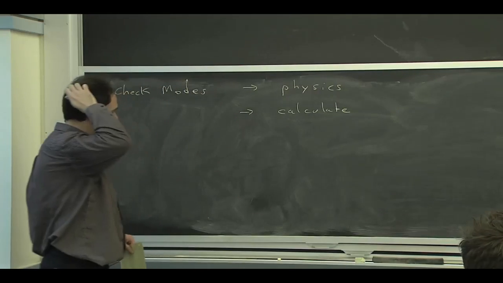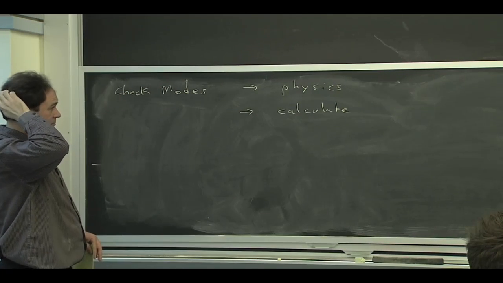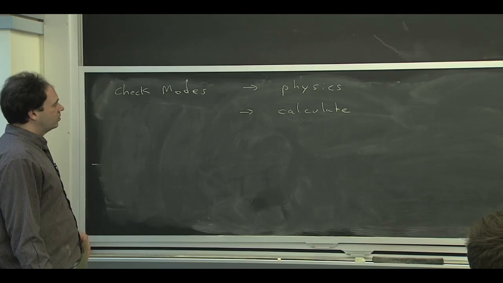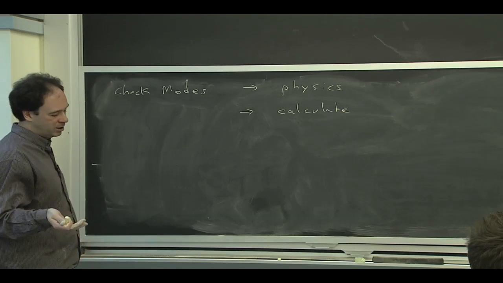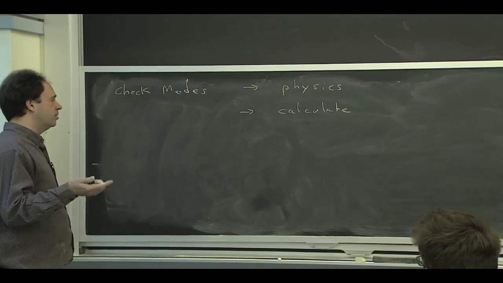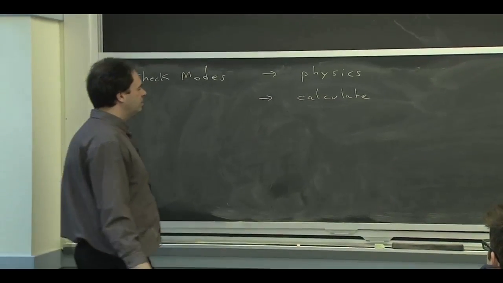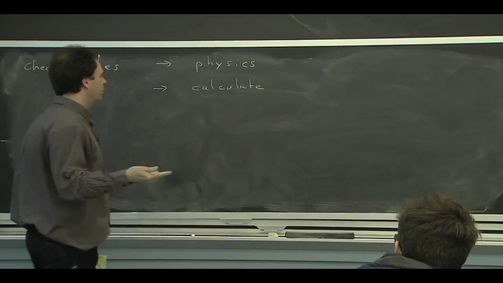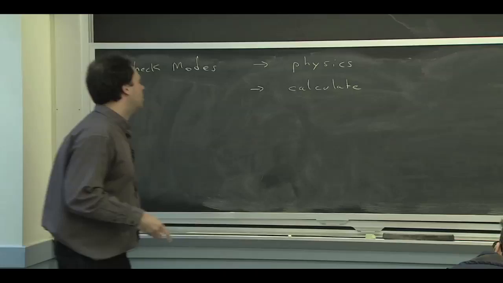And when you calculate, there's also something called the method of regions, which is a nice way of thinking about trying to discover modes. It basically says that for any full theory calculation, I could do that calculation by dividing up the integrand into regions. And if I'm using dimensional regularization, then the full theory answer is just the sum over regions.